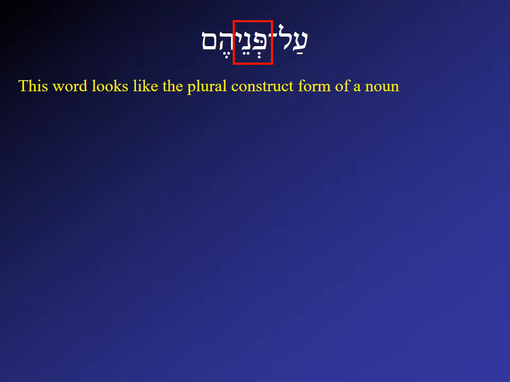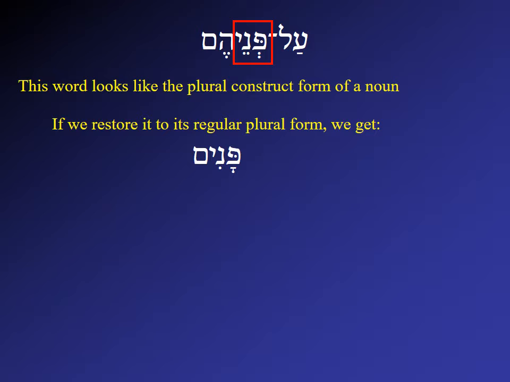So this then is the noun, their something. It looks like the plural construct form of a noun. So if we were to revert the construct form back to the regular plural, we would have panim. You should recognize panim from vocabulary.